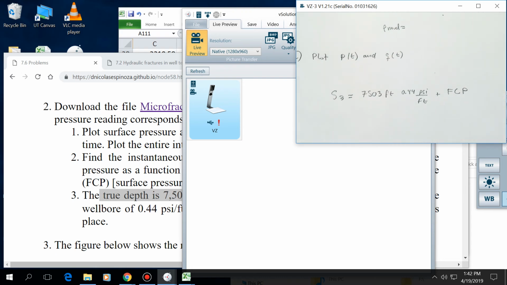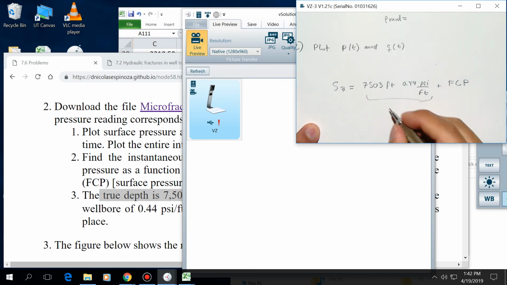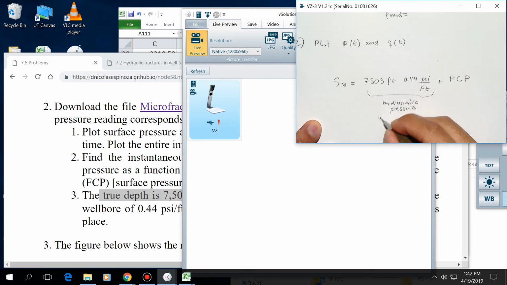So this is what you need. This is the hydrostatic pressure within the wellbore.